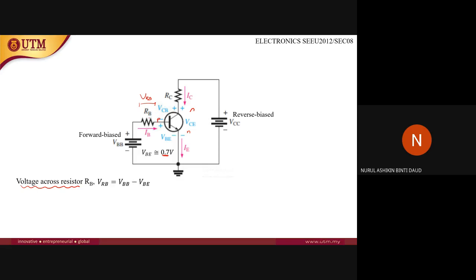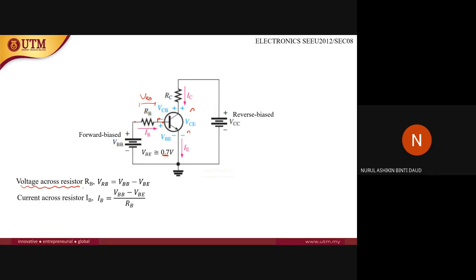So voltage across resistor RB, VRB, is equal to VBB minus the potential difference here, VBE. VBE is 0.7, and VBB is given, so VBB minus VBE. So you will get the voltage VRB at the resistor RB.